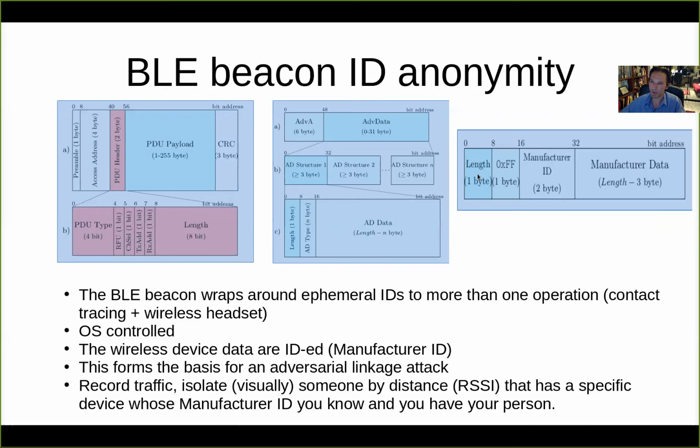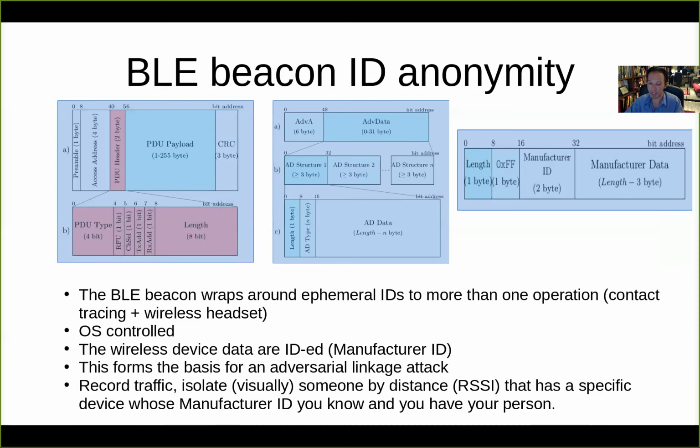For example, some phones wrap these ephemeral anonymous identifiers with specific manufacturer data, data for the accessories that you might be using with the phone. Say, for example, that you have your contact tracing application on, but you're using a super duper wireless headset, and someone can track you. They can see that you're wearing this headset amongst many people. Unfortunately, this can form the basis for a linkage attack, an identification attack.